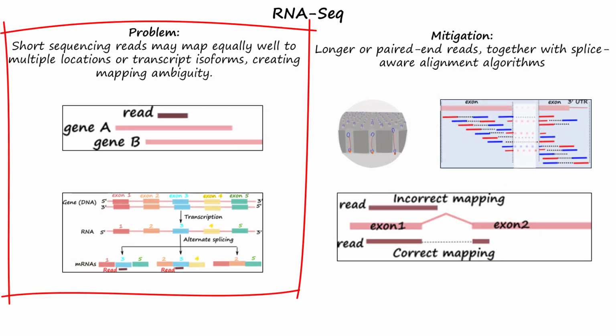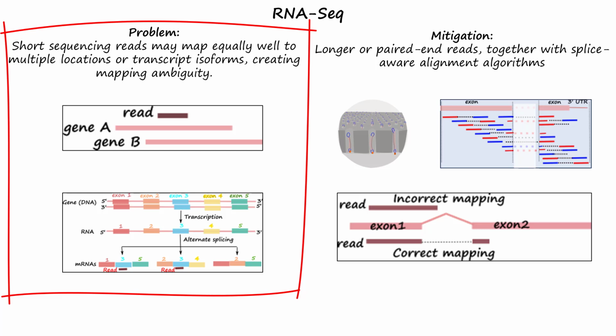RNA-seq also presents significant computational challenges during sequence alignment and transcript quantification. Unlike genomic DNA, many RNA transcripts share overlapping sequences due to alternative splicing, gene families, and pseudogenes.